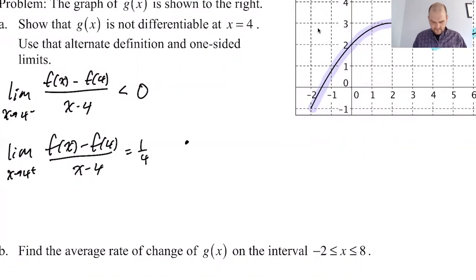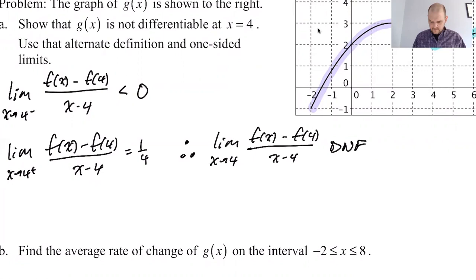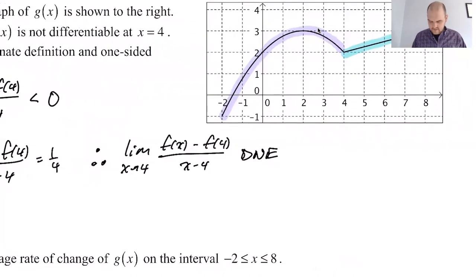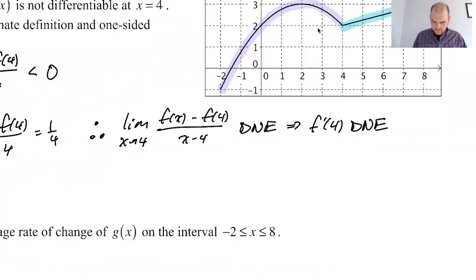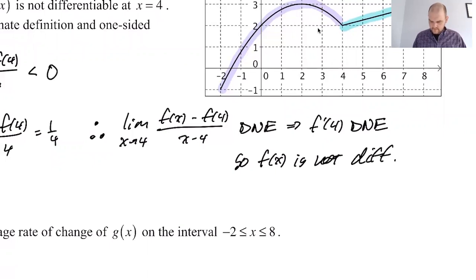Okay, so I'm going to say, therefore, the limit as x approaches 4 of f of x minus f of 4 over x minus 4 does not exist. And that means that f prime of 4 does not exist. So f of x is not differentiable at x equals 4. And we answered it.